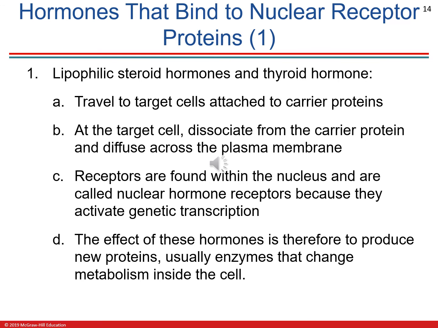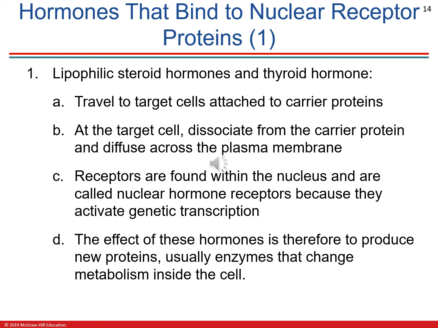In the case of the lipophilic hormones, non-polar hormones, steroid hormones, cortisol, and including the T4 hormone, which is a type of amine but behaves like a lipophilic hormone, they travel to the target cell after the hormone is produced and released in the bloodstream.